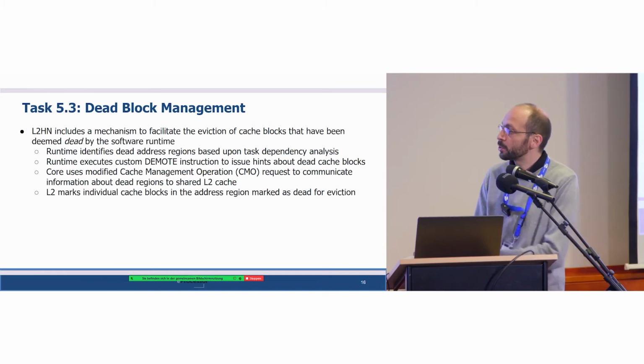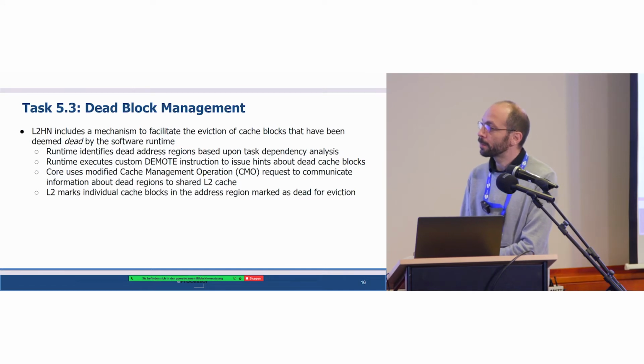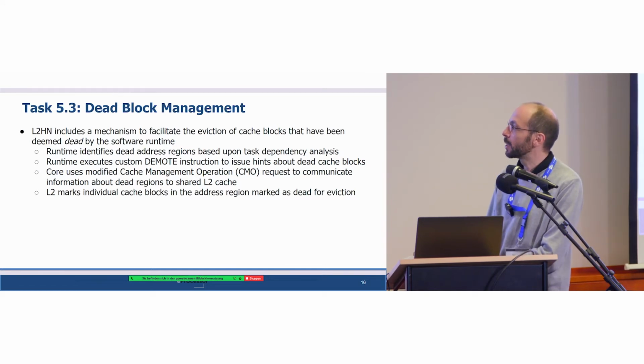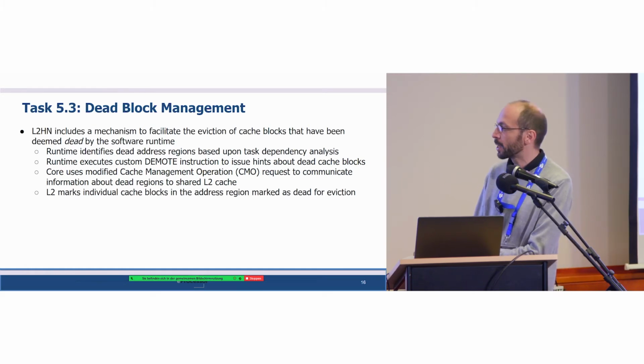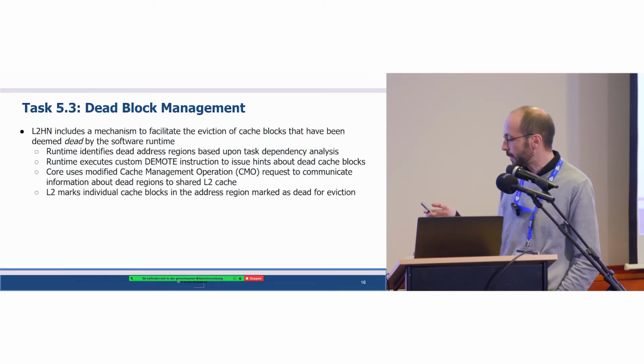The runtime executes a custom demote instruction to issue hints about these dead cache blocks. The core uses a modified CMO request to communicate that information to the shared L2 cache, and the L2 cache marks these individual cache blocks as to be evicted.